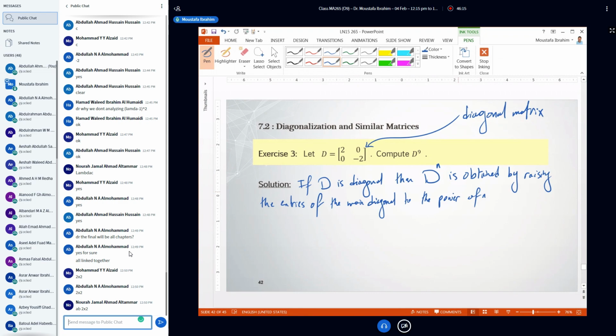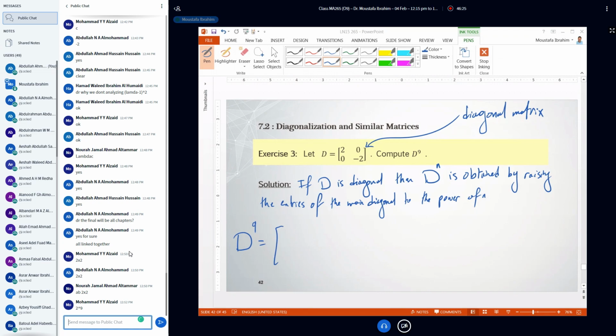Okay, guys? So here, how to get D to the power of n? Since it's diagonal, we just take the entries to the power of 9. So we get 2 to the power of 9, 0, 0, (-2) to the power of 9.